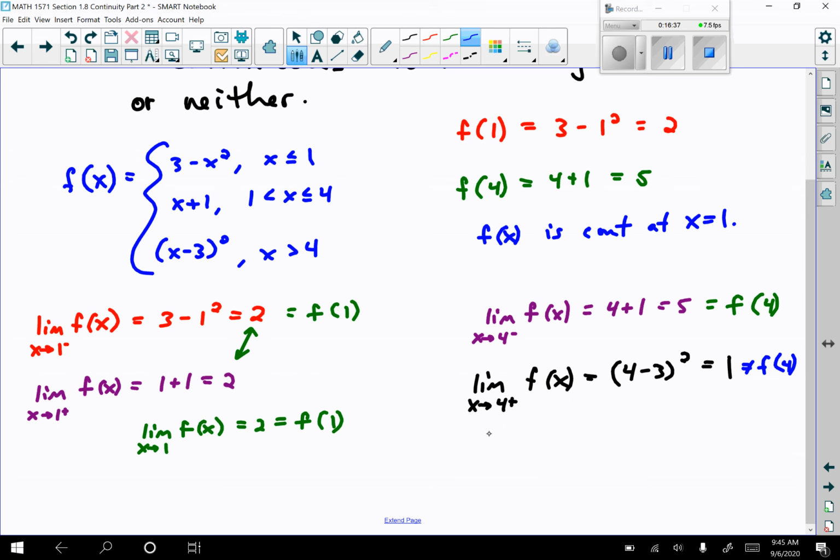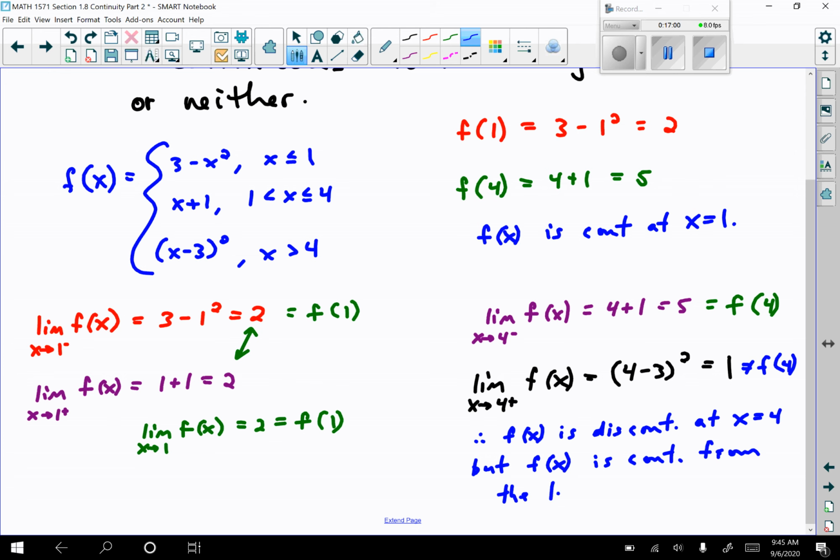So we could say, therefore, f of x is not continuous at 4, or is discontinuous at x equals 4, but it is continuous from the left at x equals 4.